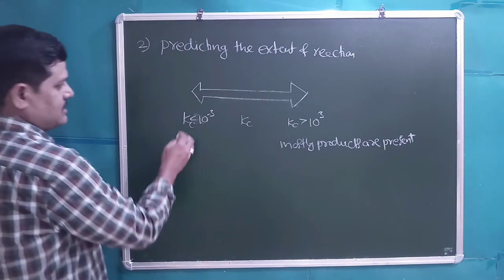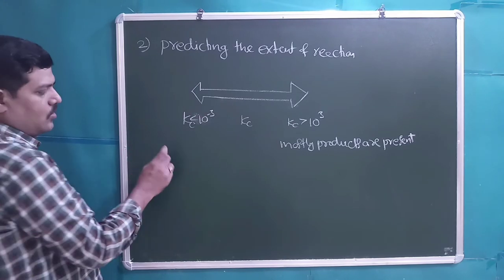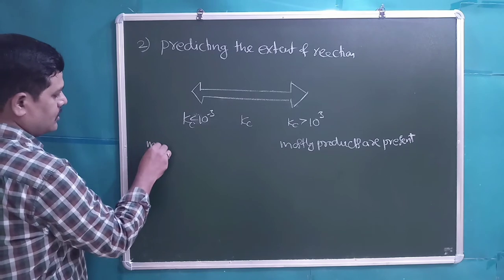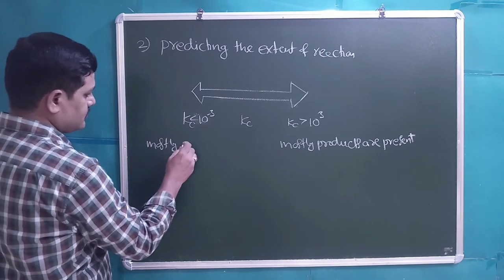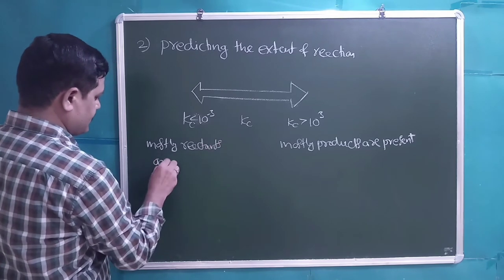If Kc is less than 10 power minus 3, a very low value, then mostly reactants are present.